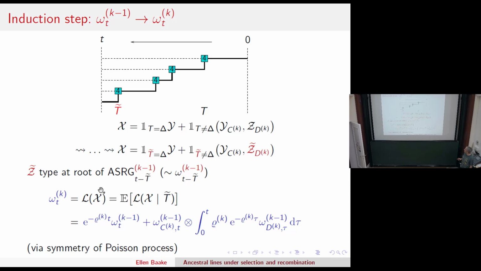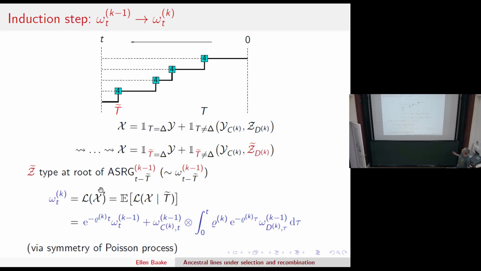And then you get the law from the previous iteration, and when a 4 square has happened, then you combine the head from the previous iteration, run for time t, independently with the tail from the previous iteration, run for the remaining time tau, and then all you have to think of is what is the distribution of the remaining time, but that is easy because of the symmetry of the Poisson process.